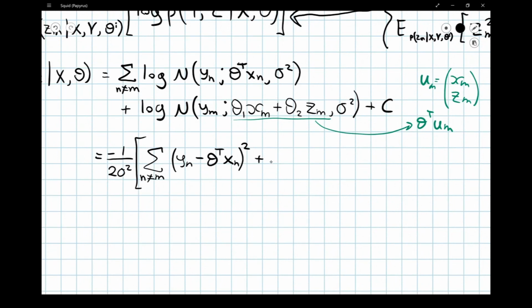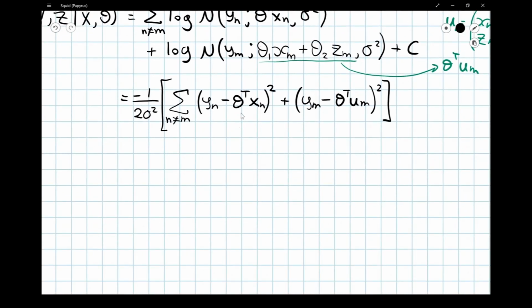So we end up adding, okay, what do we have? We have ym as the argument, and then the mean is now theta transposed um, and that's also squared.